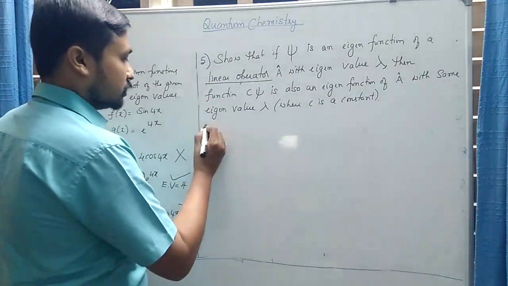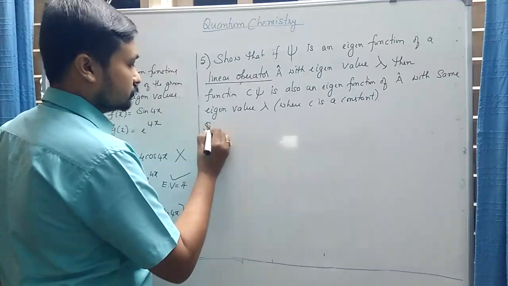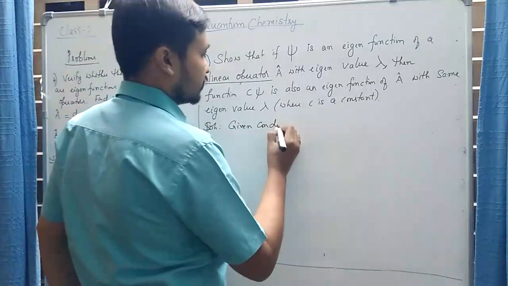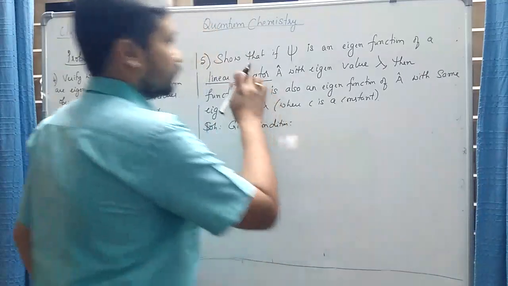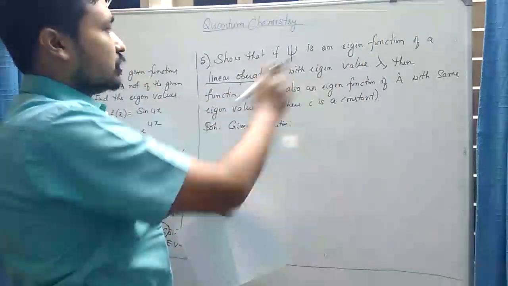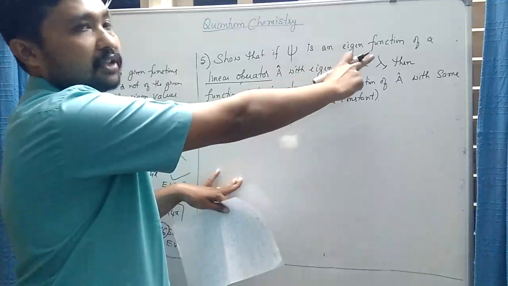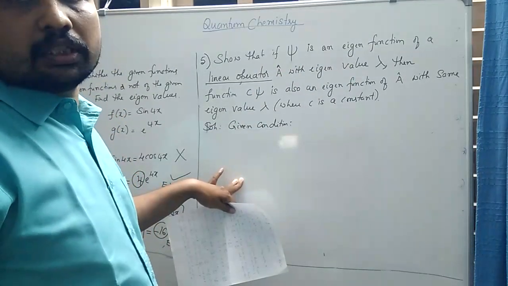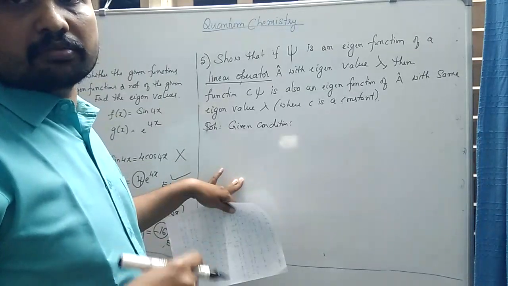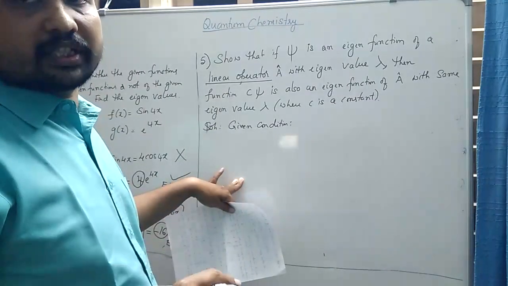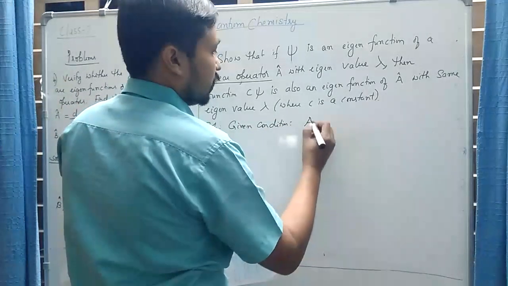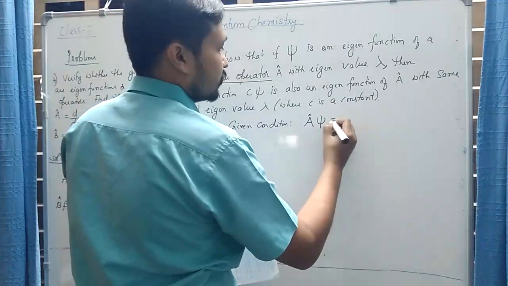So what you are given is that psi is an eigenfunction of the linear operator A with eigenvalue lambda. What do you mean by eigenfunction? When you apply an operator A on a function, it gives back the same function multiplied by a constant, and that constant is called the eigenvalue.